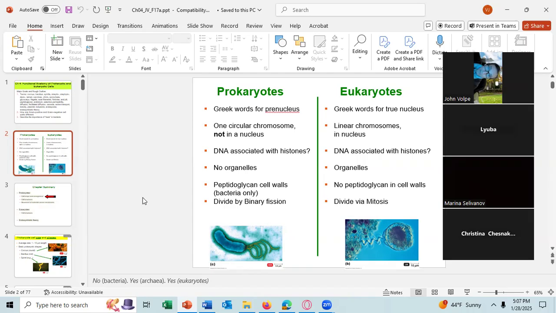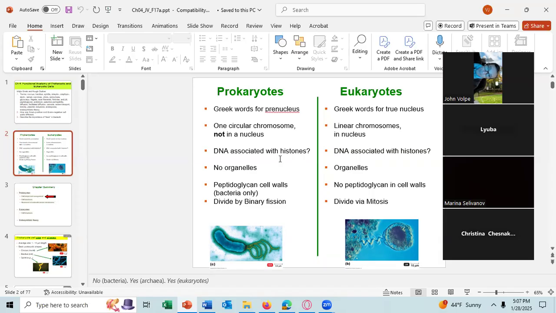The prokaryotes have their chromosomes not in a nucleus, and the eukaryotes do have their chromosomes in a nucleus. You could also say there's only one generally circular chromosome in prokaryotes, and in eukaryotes, there are generally several to many linear chromosomes.